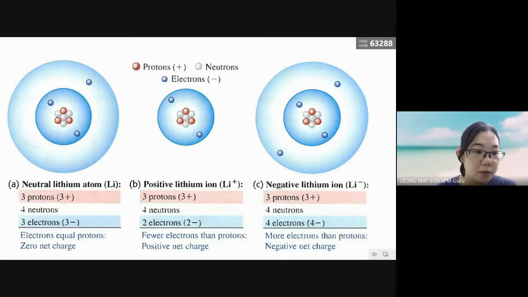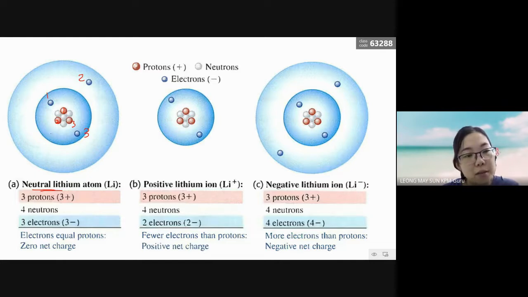For example, a neutral lithium atom. How do we consider it a neutral lithium atom? We have 1, 2, 3 protons in the nucleus, and 4 neutrons. But to consider it positive or negative depends on the number of protons and electrons. Here there are 3 protons and 1, 2, 3 electrons in lithium.